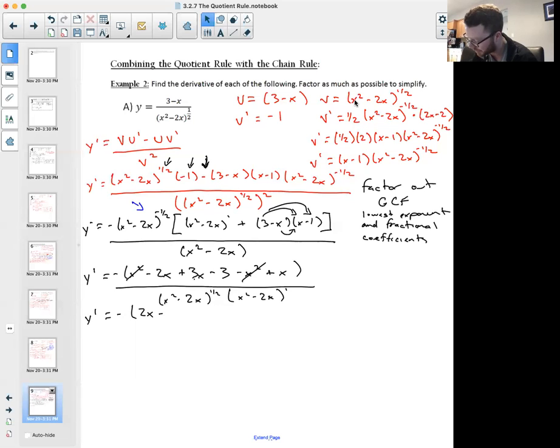And then, of course, we still have that minus 3 there. And that will be over our denominator here, x squared minus 2x multiplied by x squared minus 2x. We can just add up those exponents. So 1/2 added to 1 whole is 3 over 2.